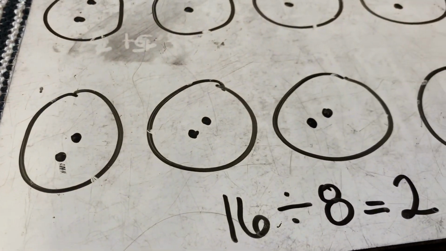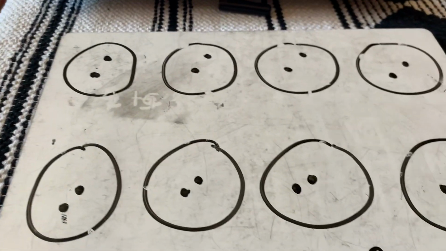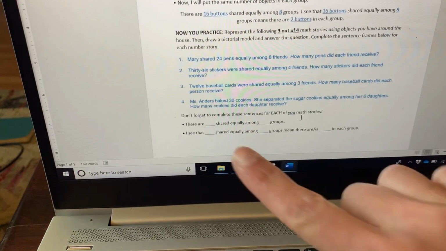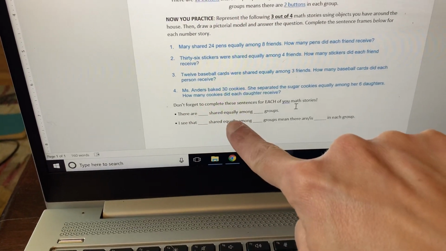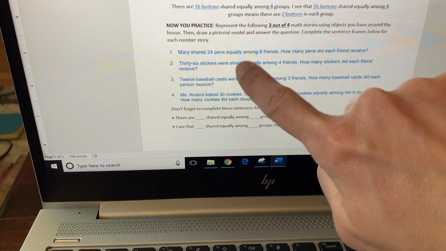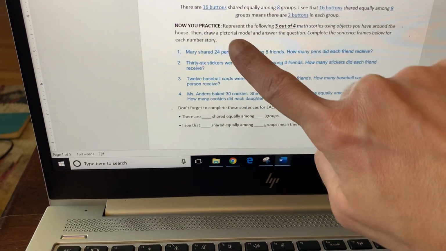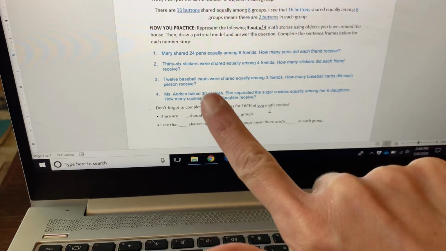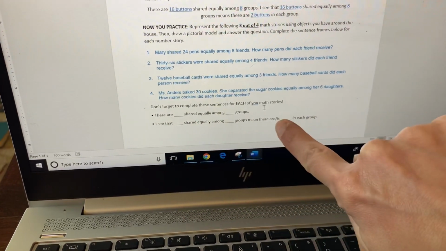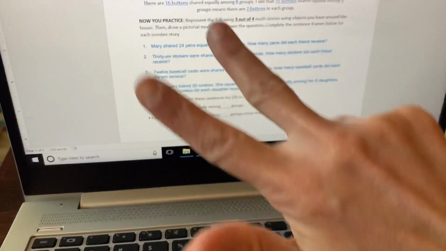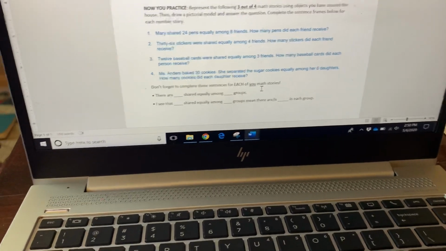And once I have drawn that picture, then I am going to describe the division story using these 2 sentences, okay? You will describe each of the stories with these 2 sentences. So if you do number 1, you have to build it, draw it, and then describe with these 2 sentences. Same for number 2. Build it, draw it, describe with the sentences, and that's what you will turn in, okay?